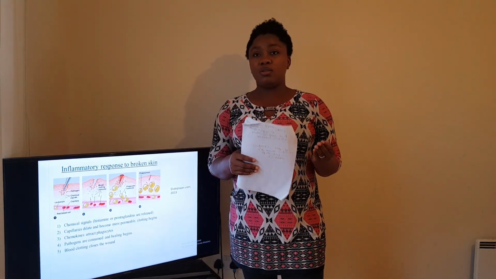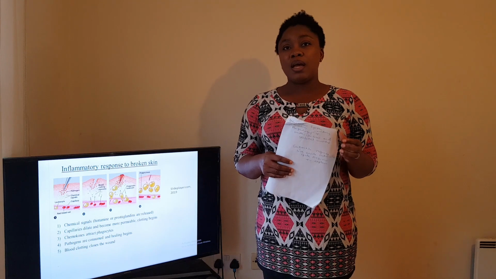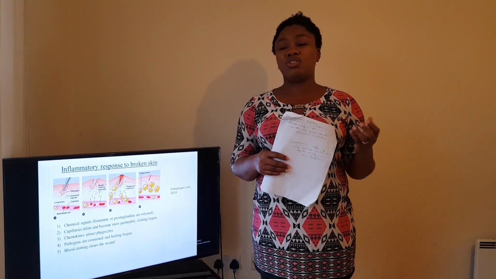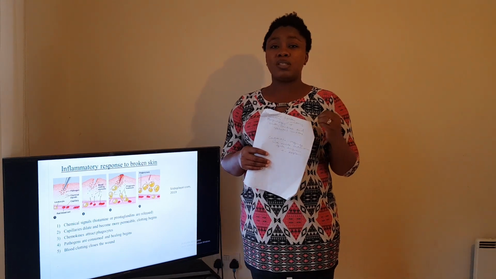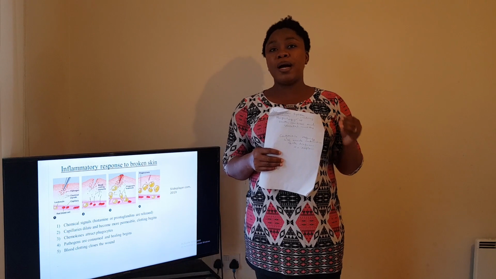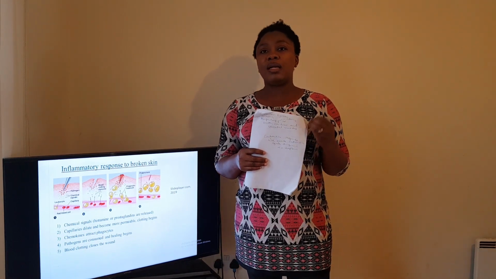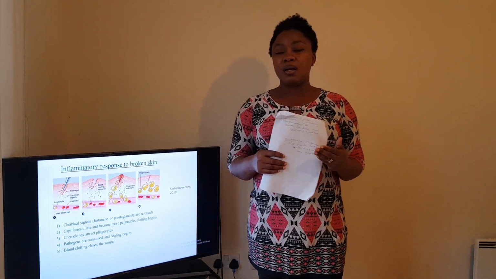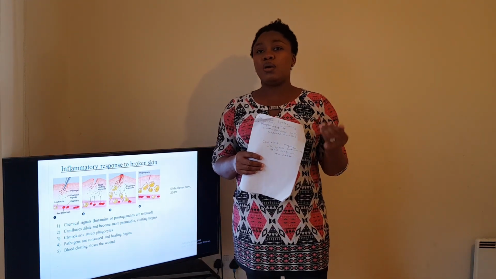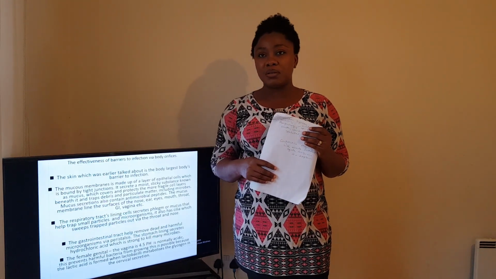Clotting begins, your blood begins to clot. Then the third phase is that chemokines attract phagocytes, and then the fourth stage is that the pathogens are consumed and healing begins. The fifth thing that happens is that blood clotting closes the wound.